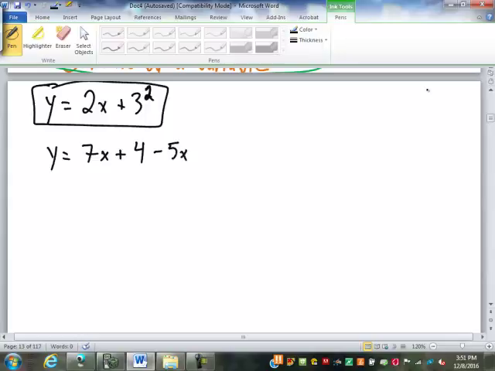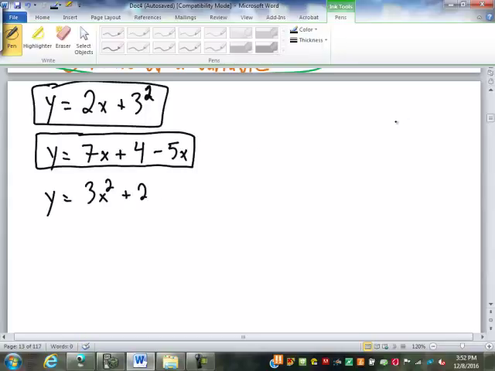How about this one? No exponents, not dividing by any variables. That is a line. How about this one? No, there's an exponent and it is on the x.